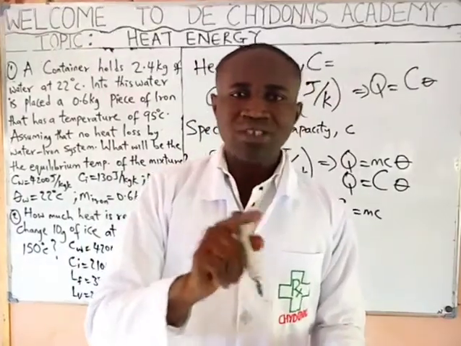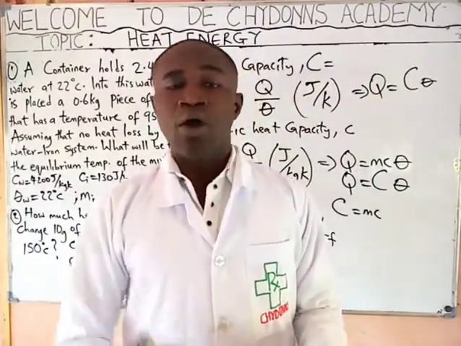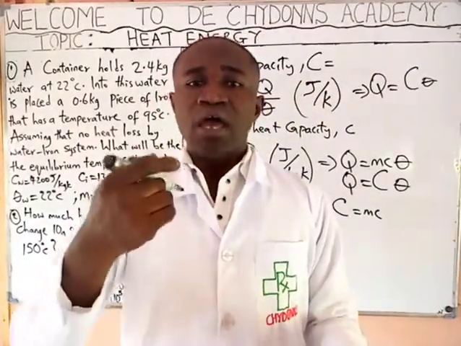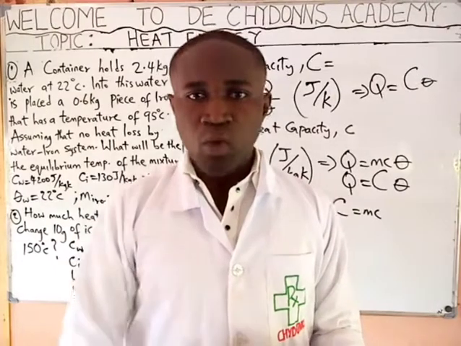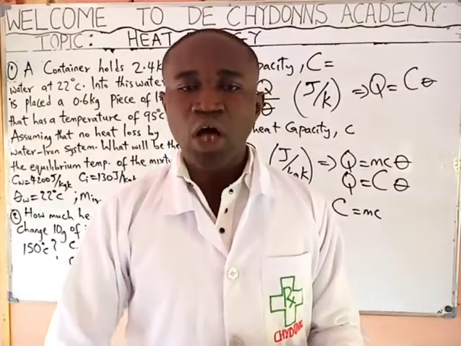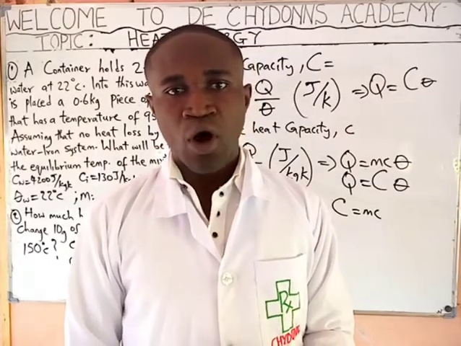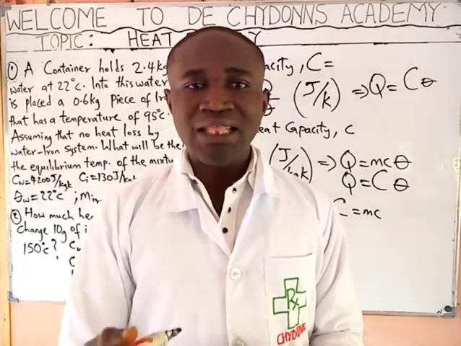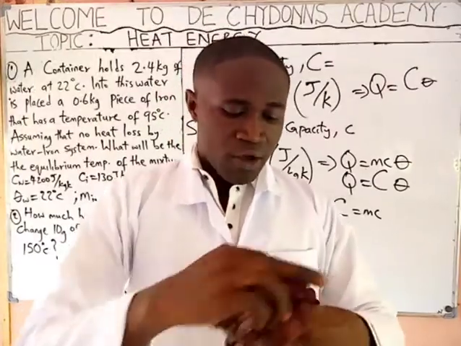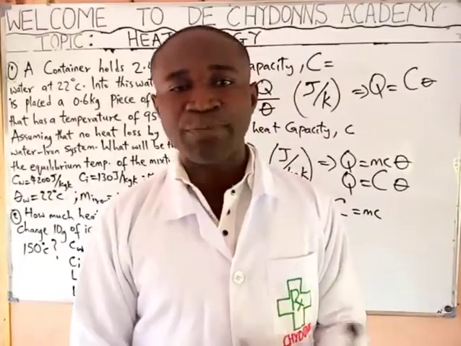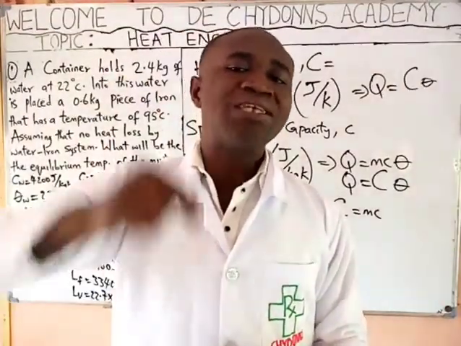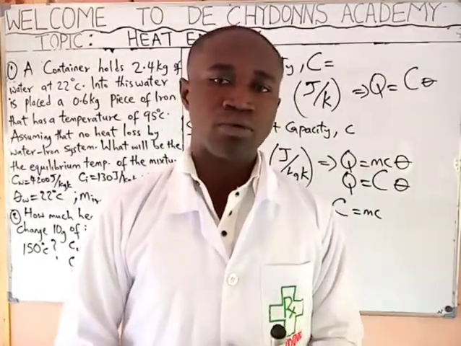That name, constant temperature, is very important. Quantity of heat required to change a solid substance to liquid at constant temperature. What do we mean? It means that for a solid substance such as an ice block to get converted to liquid, it must be at the melting point of the ice block.